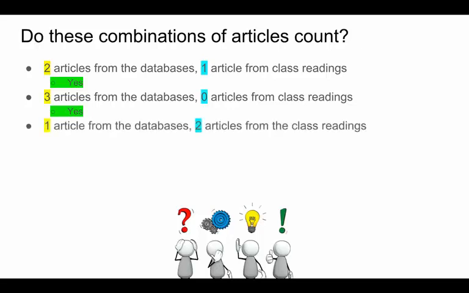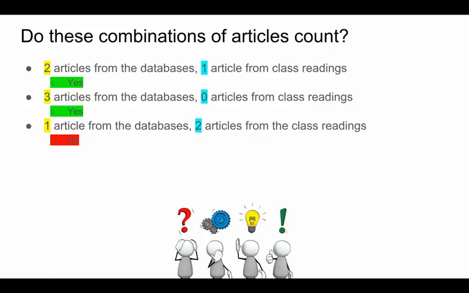What about 1 article from the databases and 2 articles from the class readings? Think about it. Does this meet the requirements? No, this does not. Even though this meets the requirement of being 3 articles, it doesn't meet the minimum of 2 articles from the databases.